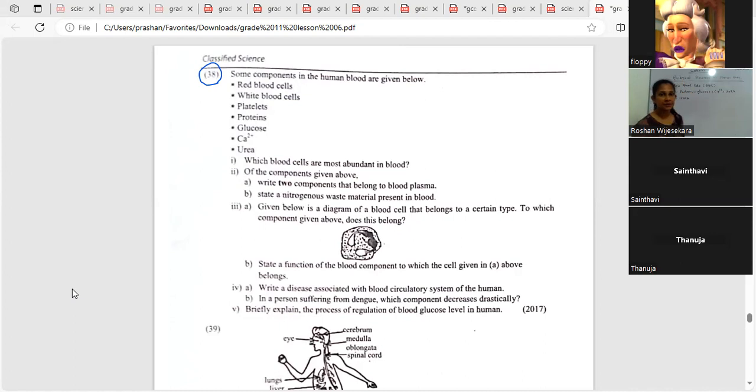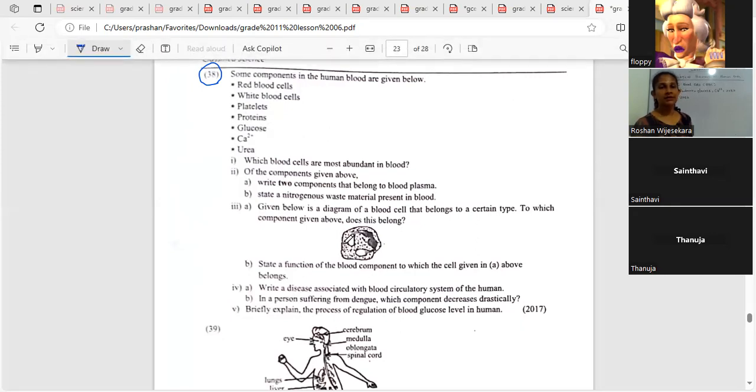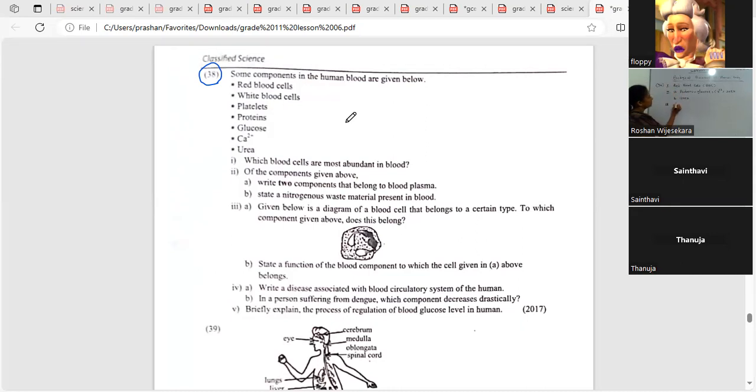Then question number 3, part A. Given below is a diagram of a blood cell that belongs to a certain type. To which component given above does this belong? From this you have to find what cell type this is. That is white blood cell.